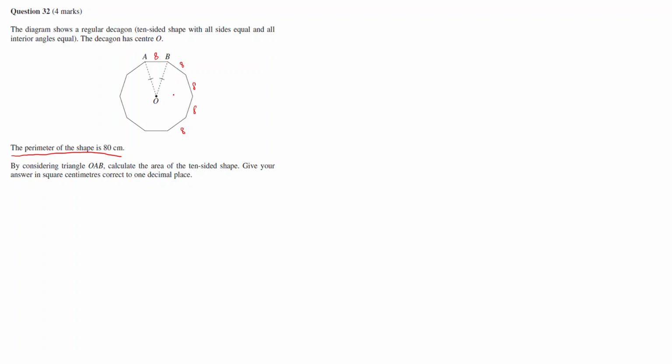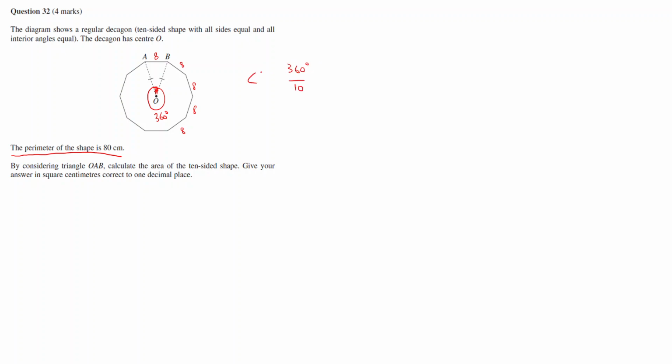The next thing that you need to do is work out what this angle is. Because they're all individual triangles, the sum of the angles at the centre is 360 degrees. So if I want to work out this angle, all I need to do is 360 degrees divided by 10.